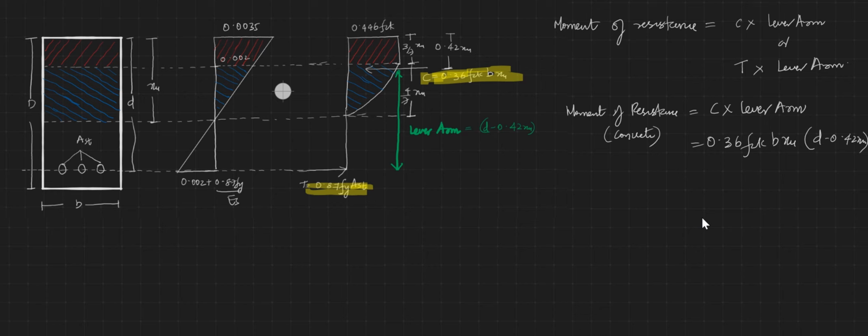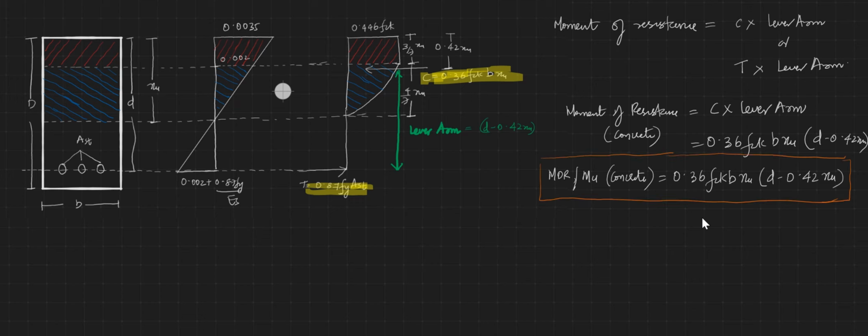That is, I could write the moment of resistance, MOR or Mu, with respect to concrete as 0.36 fck b xu into (d minus 0.42 xu).